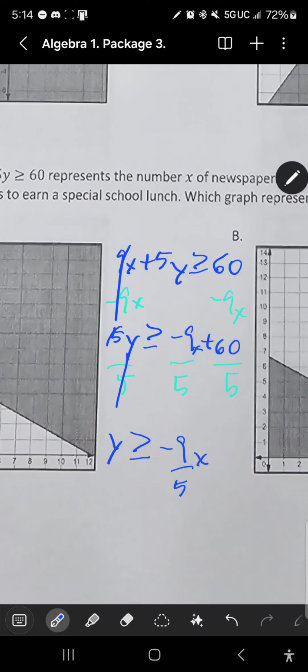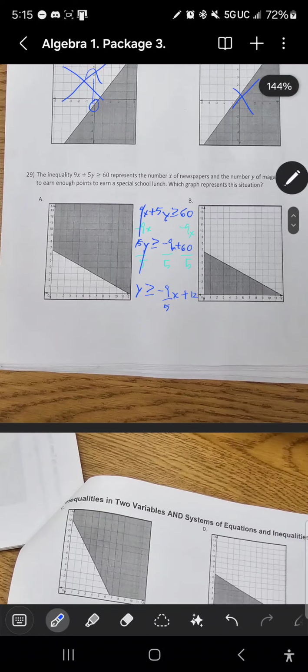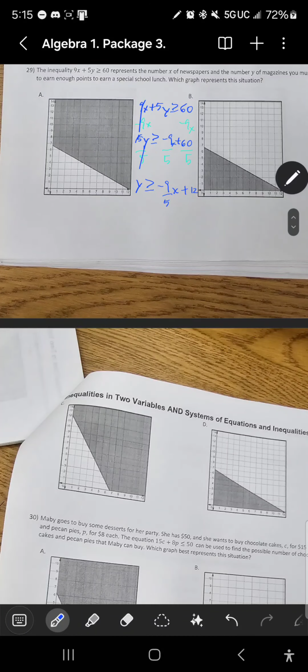We just keep the sign, so x, and then 60 divided by 5 is 12. Okay, as you can see here, I'm looking for the intercept, and the only one that I see with the 12 intercept is this one. So basically that was an easy question.